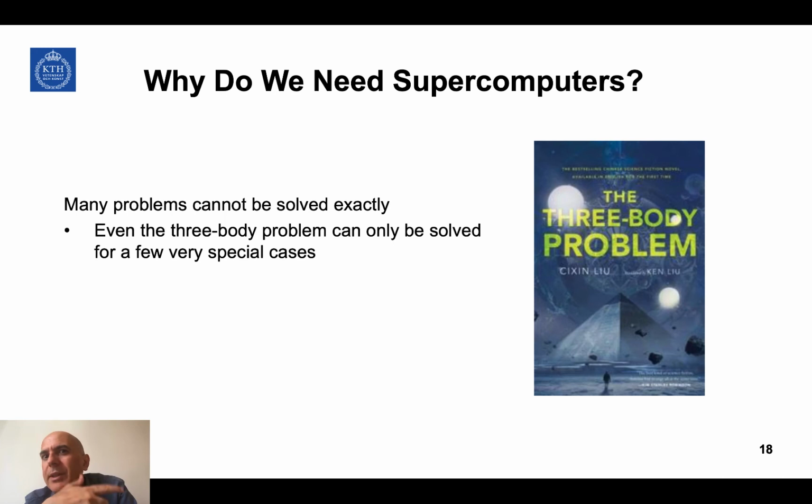Supercomputers are very, very good at running in parallel many of these calculations of these algebraic equations, right? Even a simple problem like predicting the trajectory of 3 bodies that are interacting by a gravitational force is actually a problem that cannot be solved analytically.